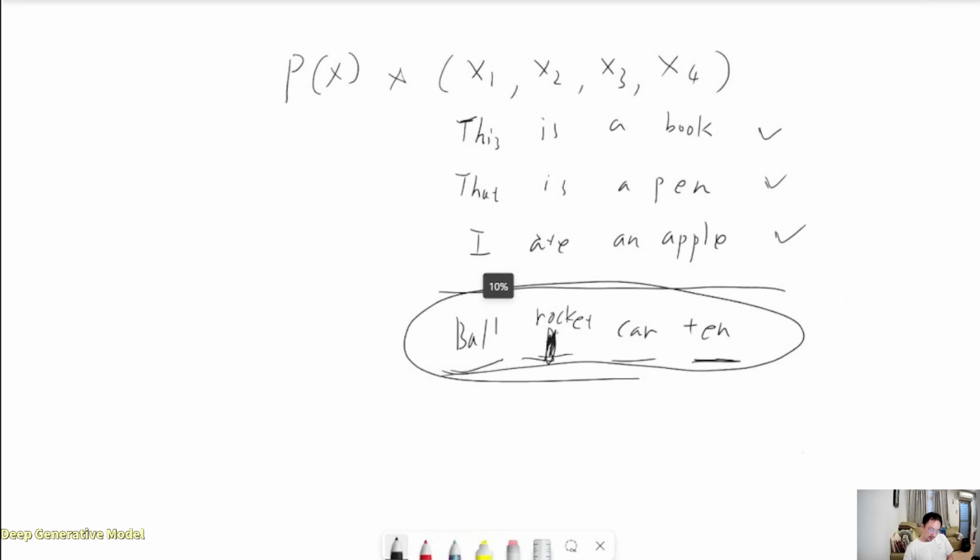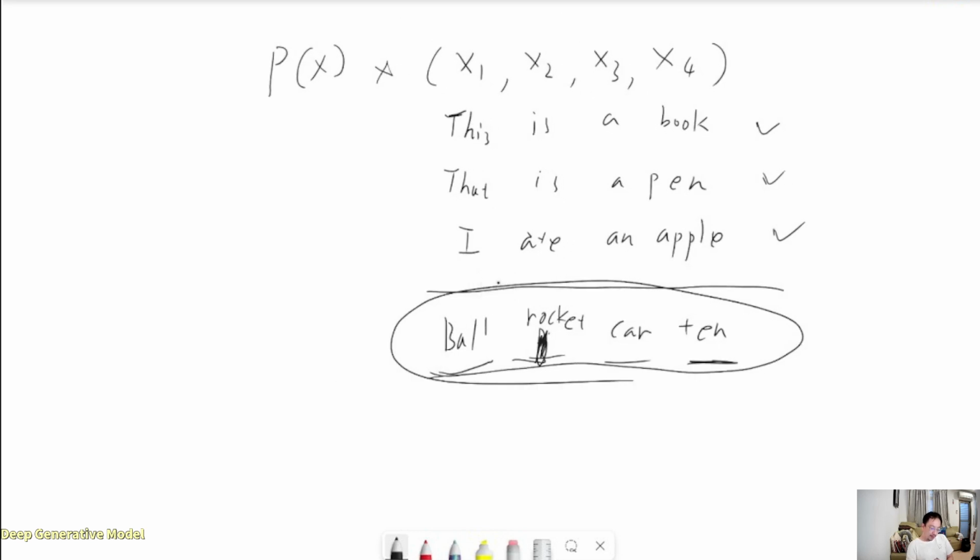So we can have a probability for this kind of sequence, when x1 is the first word, x2 is the second, x3 is the third, and x4 is the last one. So we can give a probability of this sentence.